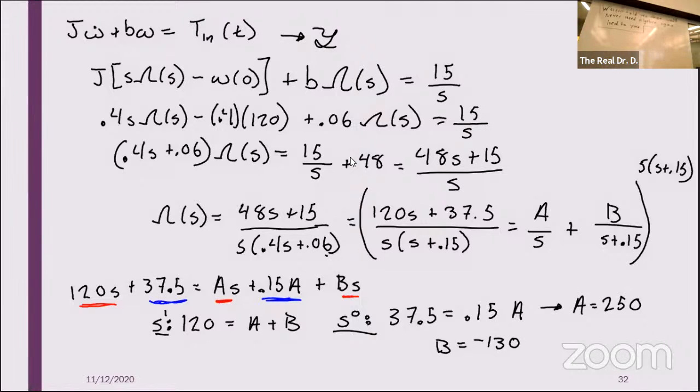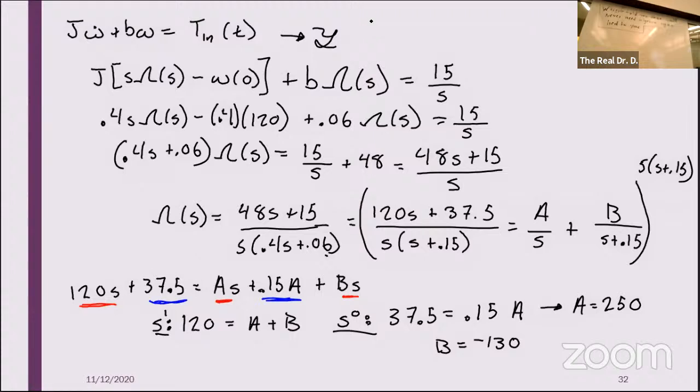If I wanted, right, then I'll plug that back in for A and B in the above equation. Right, so we end up with Y. I know you can't see what I'm writing, at least if you're at home. I'm leaving it up for a second.